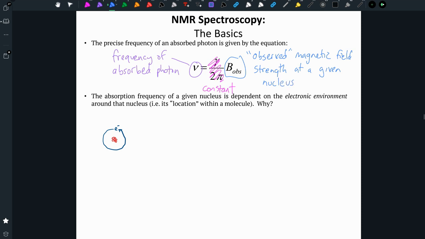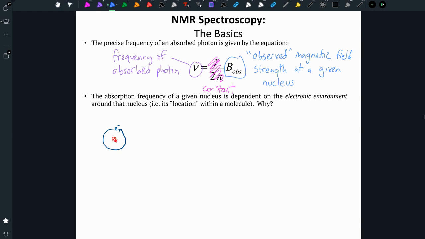Okay. So what's going to affect that observed magnetic field strength? Well, to understand this part, you need to understand something about the way magnetic fields interact with charged particles.